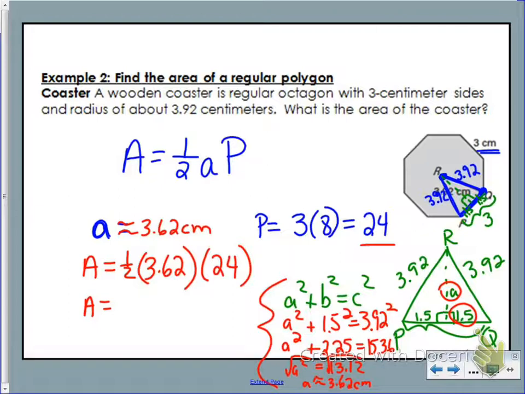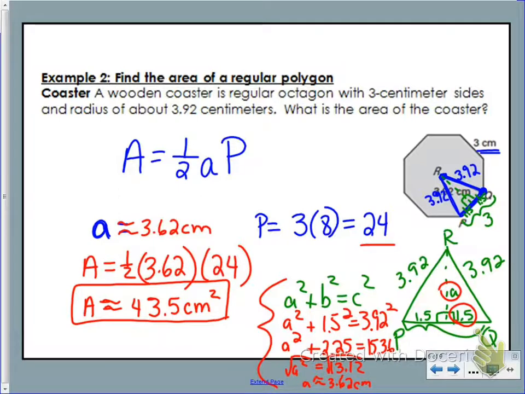We're just simply multiplying. So 1/2 times 3.62 times 24 is about an area of 43.5 centimeters squared. Now, as I said, this is not the easiest process, so as we do more of these, they're going to get easier as time goes on. So just be patient with this target.